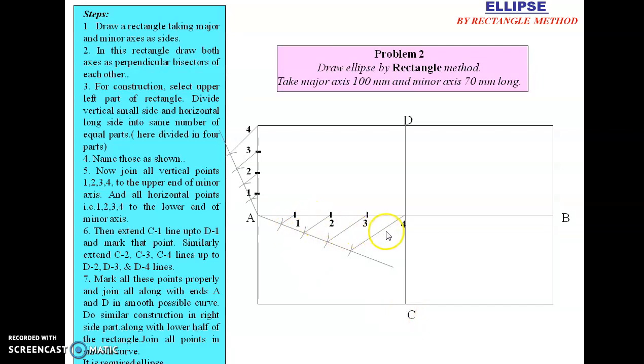So the 1, 2, 3, 4 on the horizontal side are to be joined with C, and the 1, 2, 3, 4 on the vertical side should be joined with D.